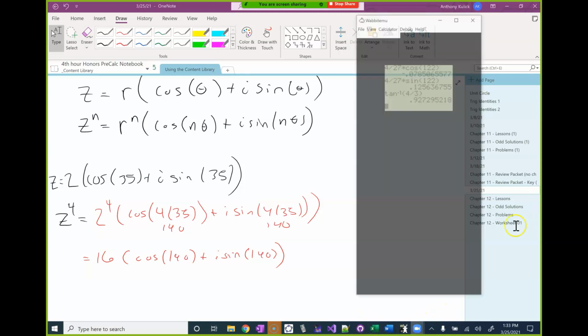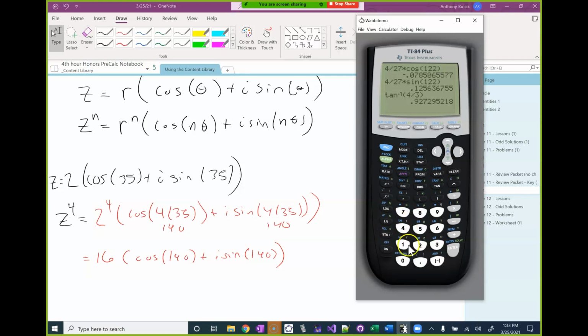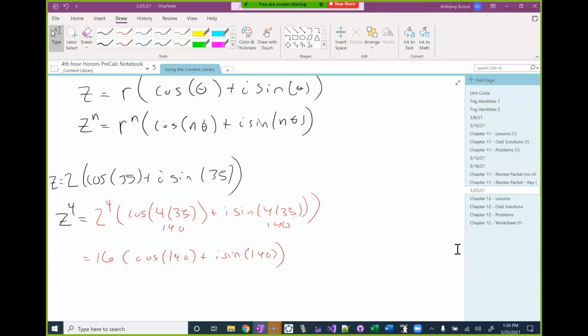To get this into standard form then, I'm just going to do 16 times cosine of 140. Before I do that, let's make sure my mode is in degrees. So that's negative 12.26.